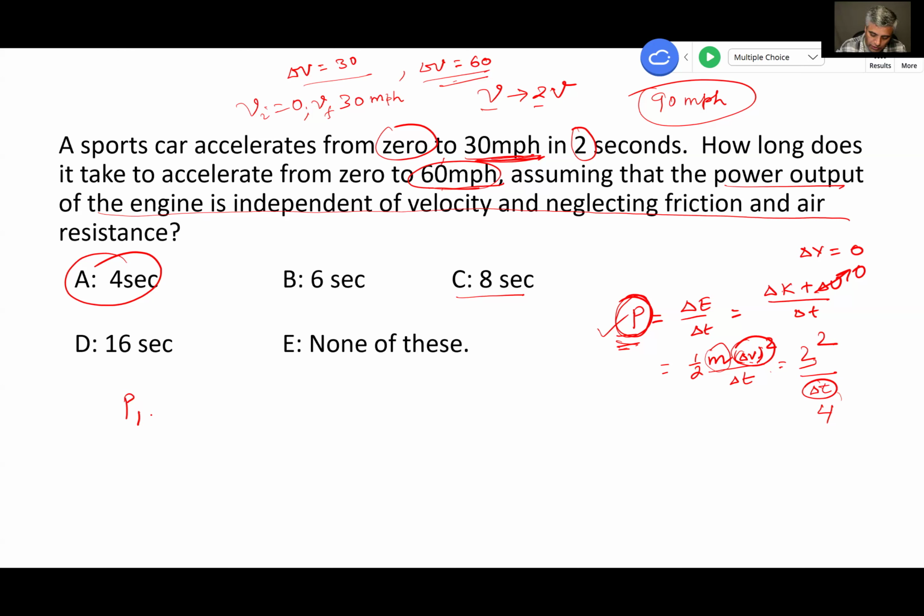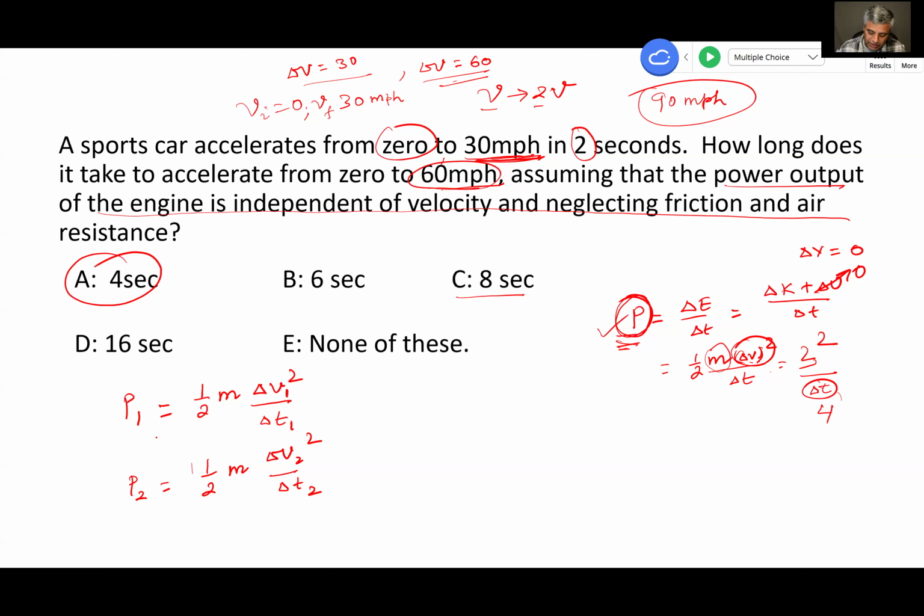So situation one, power is going to be, let's say, half m delta v squared over the time interval. And for situation number two, these are going to be different, so I am putting subscripts on them, okay? So P2 is half m delta v2 squared over delta t2.